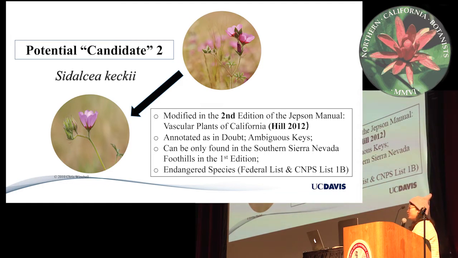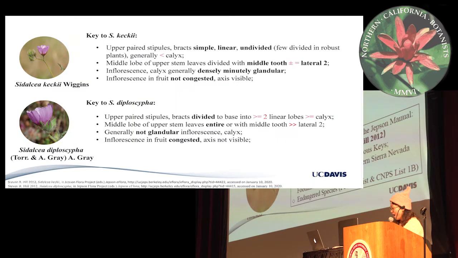And even if you use those new keys, it's still really hard to identify those Sidalcea populations into either of these two species, because most of the populations show kind of intermediate morphological characters between these two species, so it's really hard to define which species it should be.